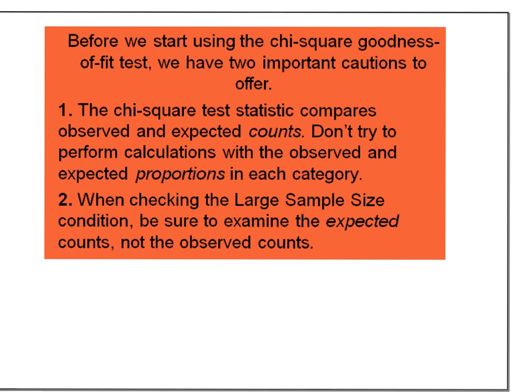We call it the large numbers condition, and it is all about the expected counts. Those have to be greater than or equal to 5. So every single category, when we get our expected counts, they have to be at least 5.